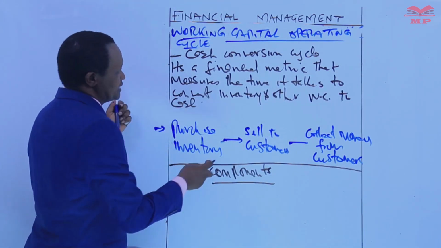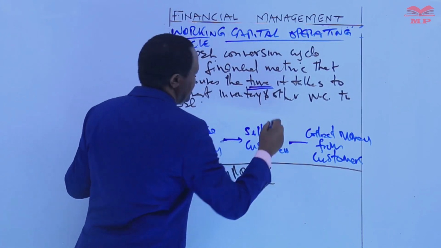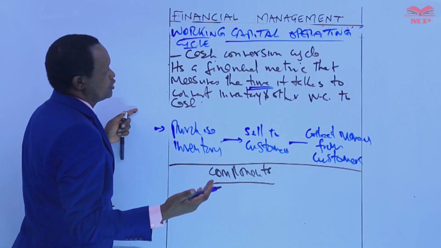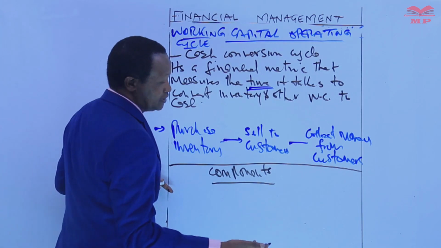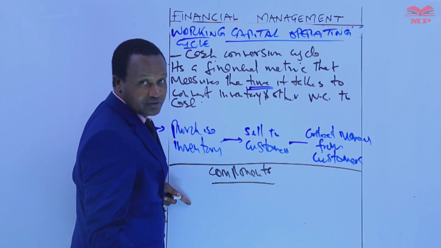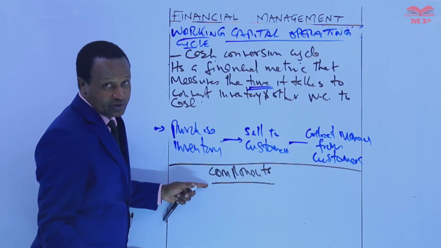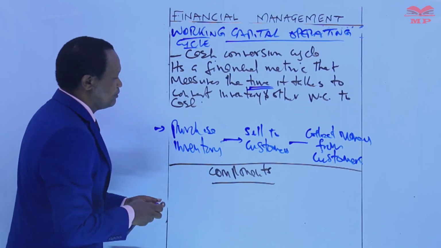Underline the word time. If you are asked to calculate the working capital operating cycle, what is asked is just the time, it could be the number of days. So the components of a working capital operating cycle, the first component is called inventory period.